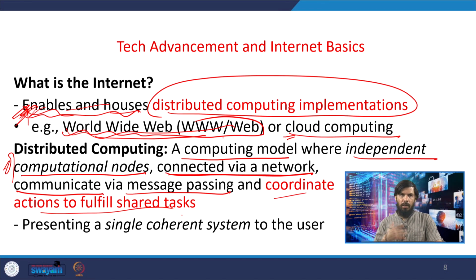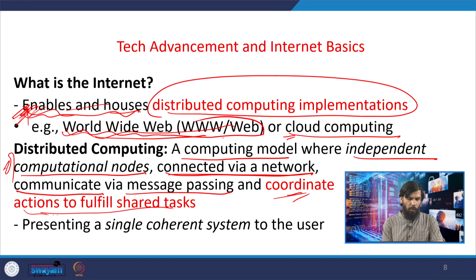Because they are connected via a network, one way to communicate is via message passing. A message originates from one computational node and is received by another computational node, and that is how the communication will happen, and through that communication they will coordinate action to fulfill the shared task.